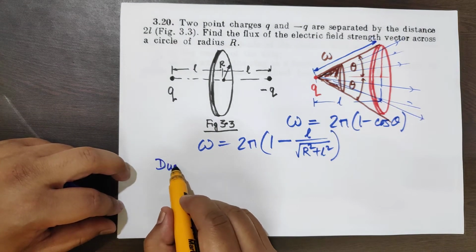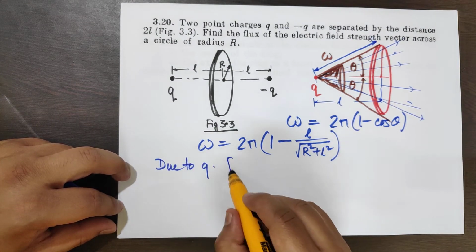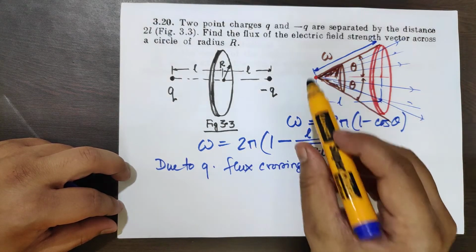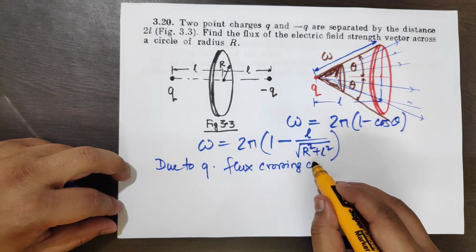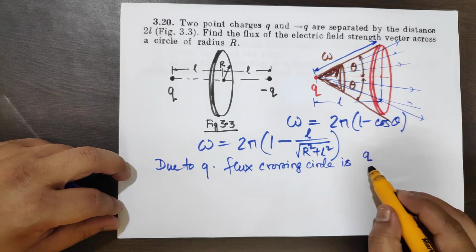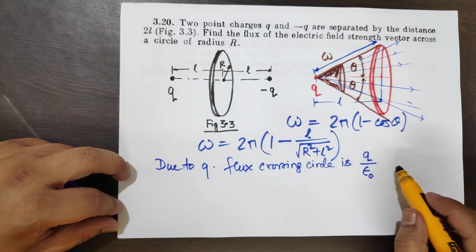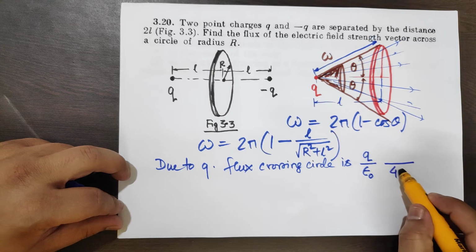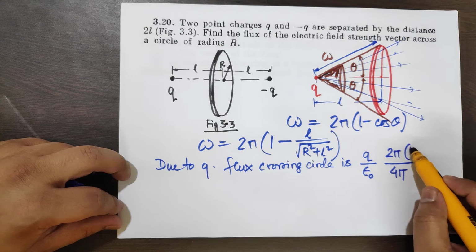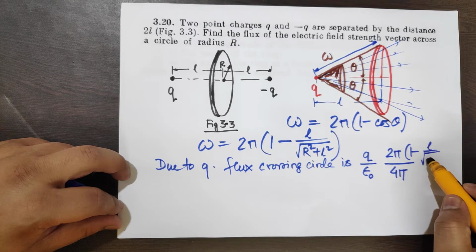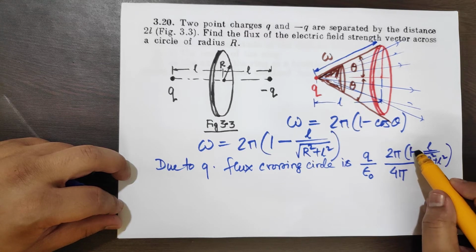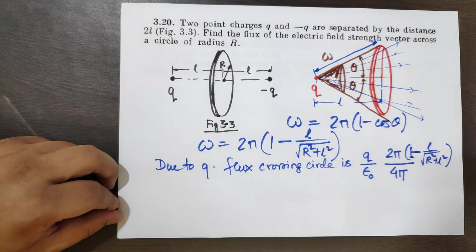So due to q, the flux crossing the circle is the total flux, q by epsilon naught, divided by the total solid angle in space, 4 pi, multiplied by the solid angle subtended, 2 pi times 1 minus L by root r squared plus L squared. That is it. This is the flux solely due to this charge q.